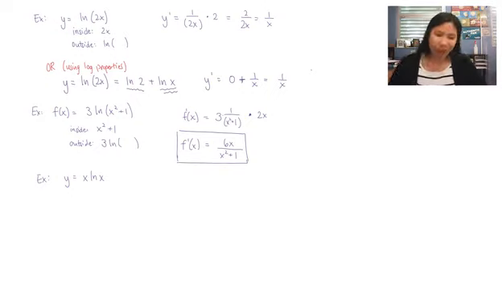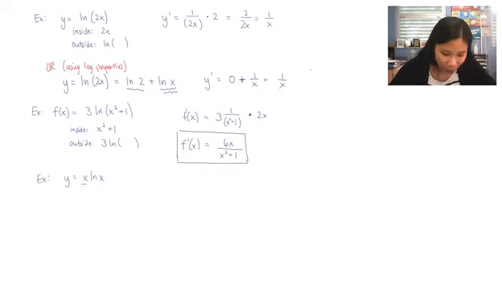Okay, next example. Slightly more difficult now because we've got y equals x ln x, which means we have 2 things being multiplied, the x with the natural log of x. So if 2 things are being multiplied, then we would need the product rule. So I'm going to find the derivative of each thing. X, the derivative is 1. ln x, the derivative is 1 over x.